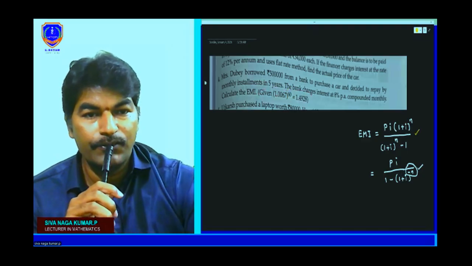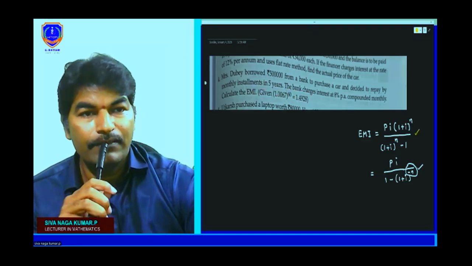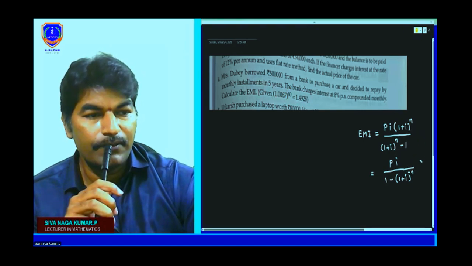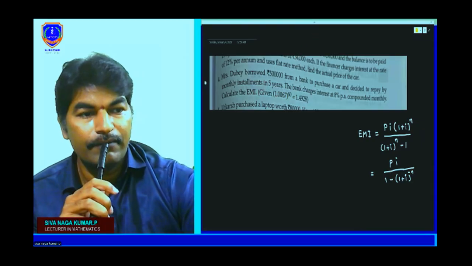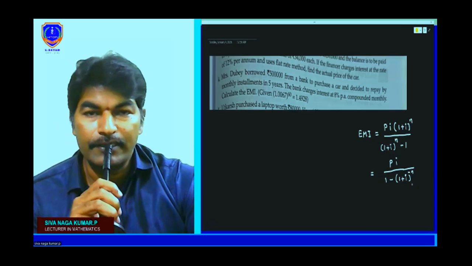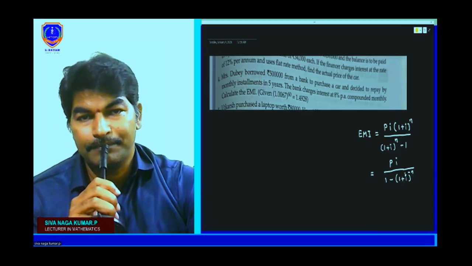Both are the same formulas only. Just he is dividing the entire fraction by 1 plus I, so you get the second rule, and in the second rule there will be a minus n.